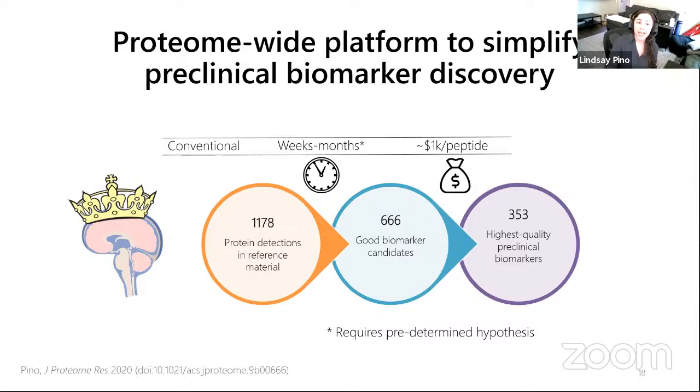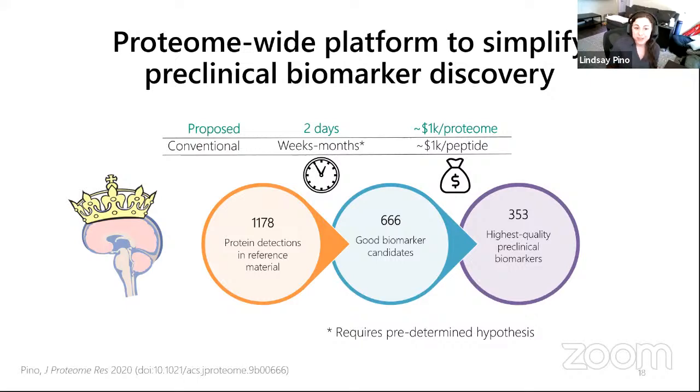If we use DIA, now we can measure every single protein, all of the peptides in the sample. If we use this approach that I had published last year called matched matrix calibration curves, now instead of spending weeks to months to figure out what you can detect in your sample, it takes you 2 days.